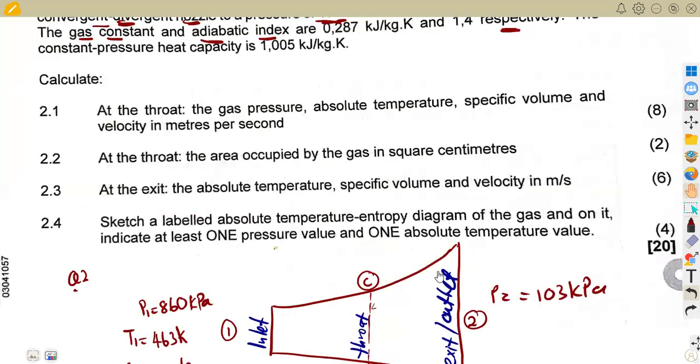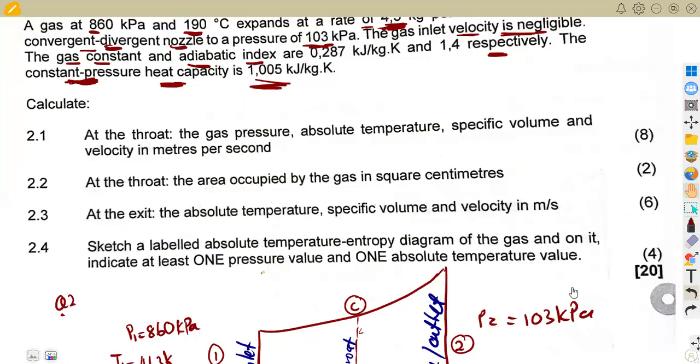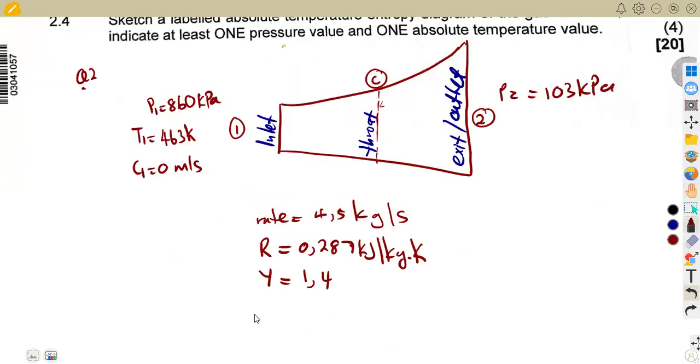Since we are working with air, which is the gas, we have to use this. That means this is an adiabatic process that is happening. Then the constant pressure heat capacity: we are given CP, remember from our N5, for constant pressure, that's 1.005 kilojoules per kg Kelvin.